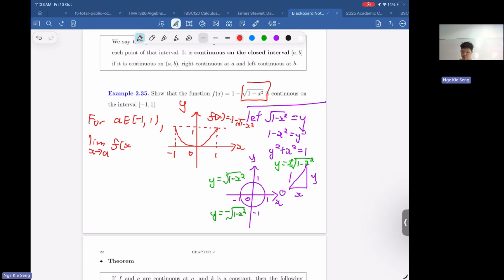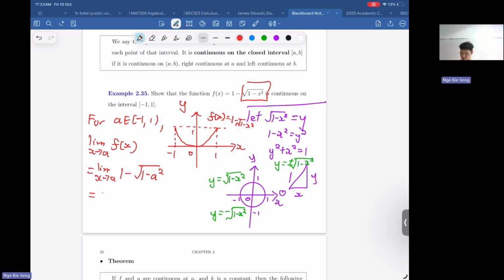Because in (-1, 1), this function looks like 1 minus square root of 1 minus a squared. So for all these points, what should you notice? You should notice that the square root function is continuous there.